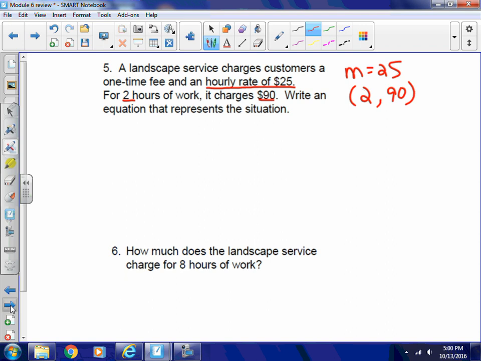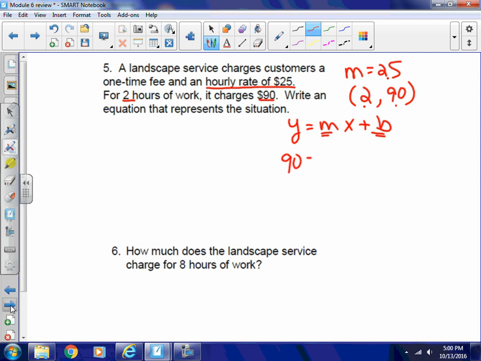They didn't say what form. I'm going to go for slope-intercept form, which remember is y equals mx plus b. What I need to have a final answer is an m and a b, and they've given me m. But they didn't give me b, but I can temporarily plug in an x and a y and my m and solve for b.